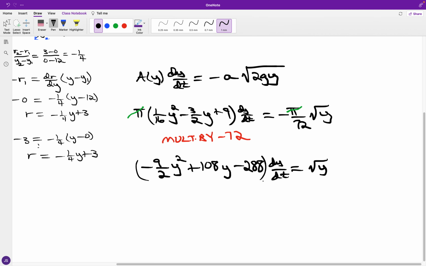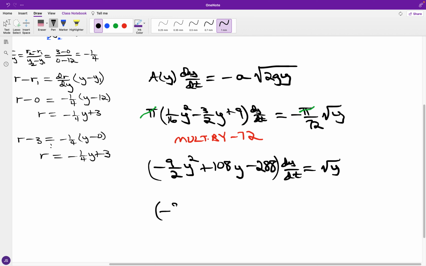And if I separate the variables, upon dividing by the square root of y and multiplying by dt, we're going to have negative 9/2.